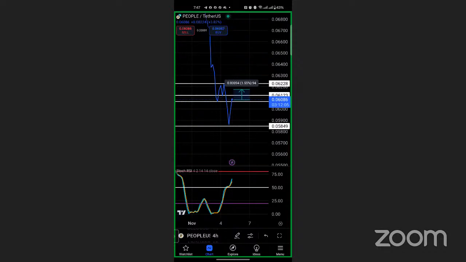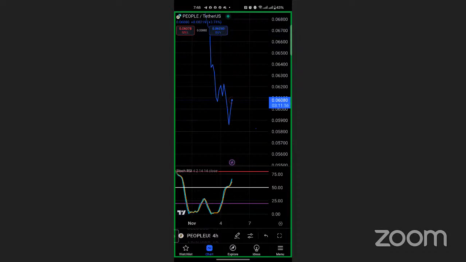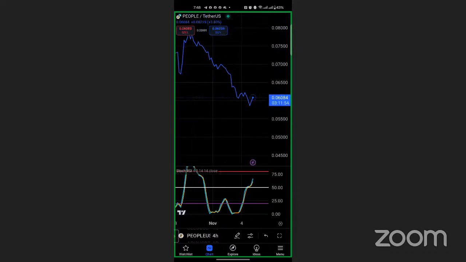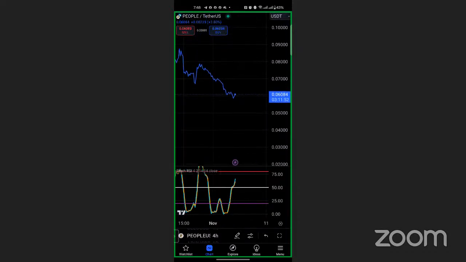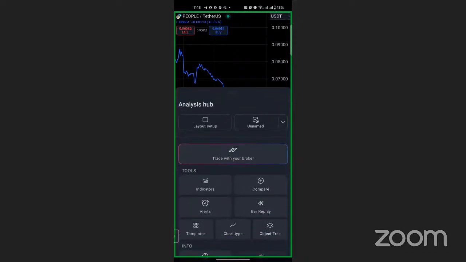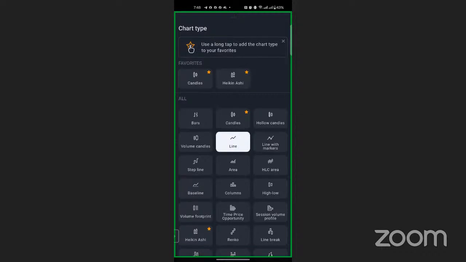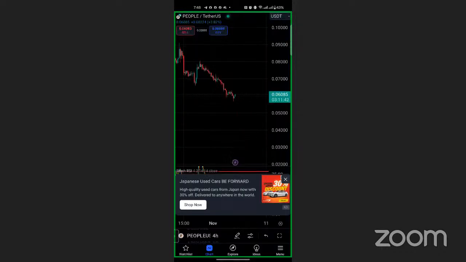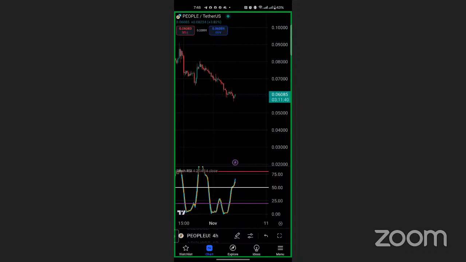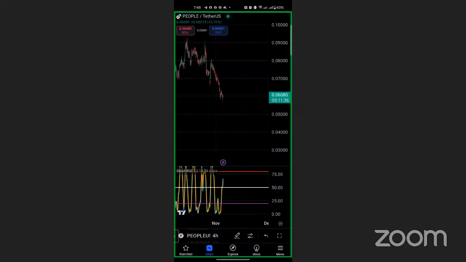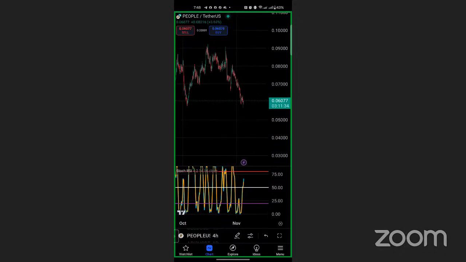So today we want to discuss diagonal. And with diagonal, it's very simple, and it is very easy for anyone to see. When we are trading, I'll return this chart type to candles. When the coin is on a downward trend like this, we all see this coin is on a downward trend.